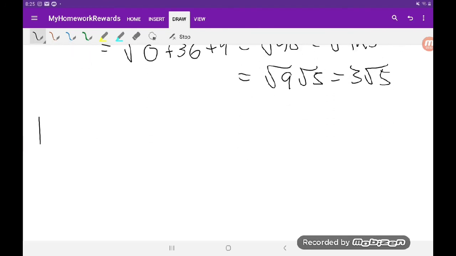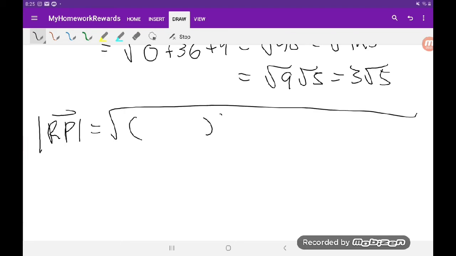So the last one, I'll move a little quicker here. This is going to be the magnitude of vector RP. And again, we're going to square the x, y, and z components. So here we're going to do p minus r, which is 2 minus 4 in the x direction. It's -1 minus -5 in the y direction, and 0 minus 4 in the z direction.